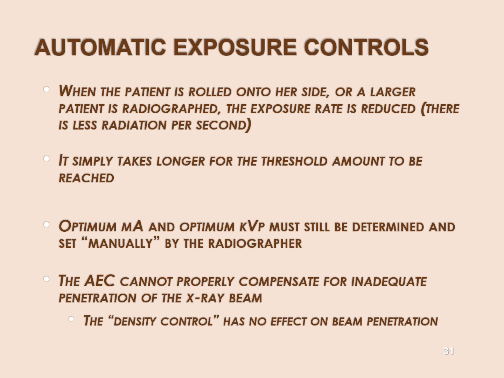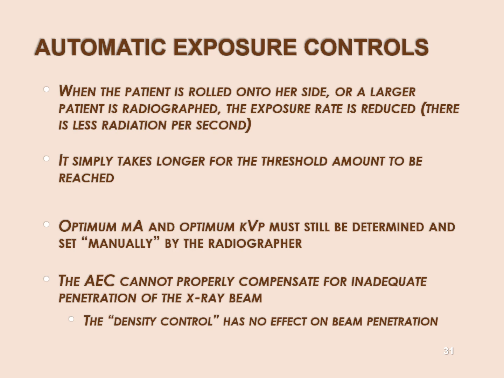Okay? So when a patient's rolled onto her side, or a larger patient is radiographed, body part is thicker, exposure rate is reduced. That is, the remnant beam thins out because the body is thicker now, and so it's absorbing more of the primary radiation. So it takes longer for threshold ionization to be achieved.